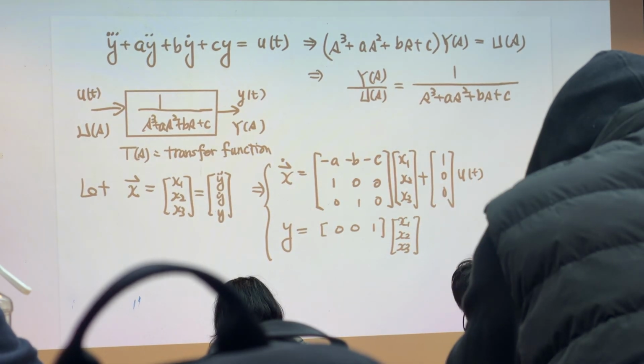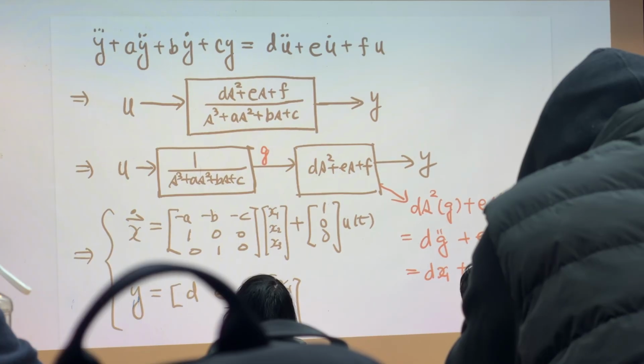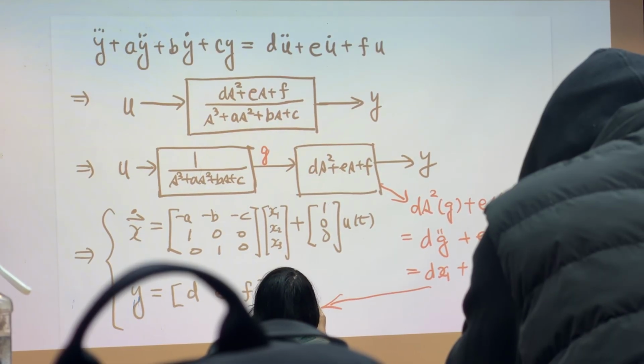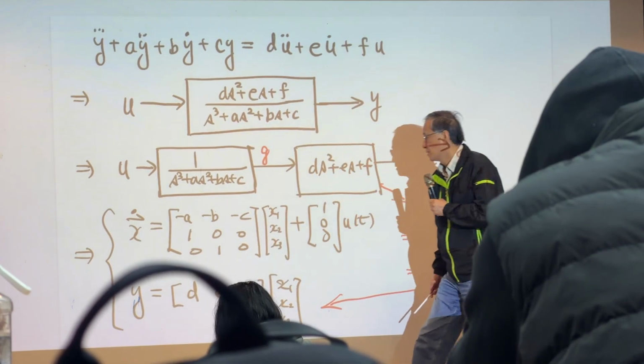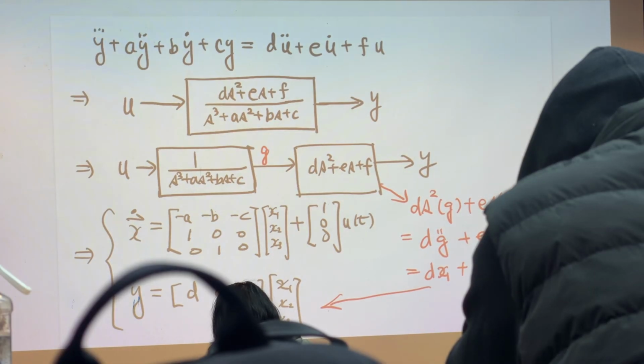So here we have g double dot becomes x1, g dot becomes x2, plus f times x3, right? And that is exactly this, right? So you see, this is d times x1 plus e times x2 plus f times x3, right?